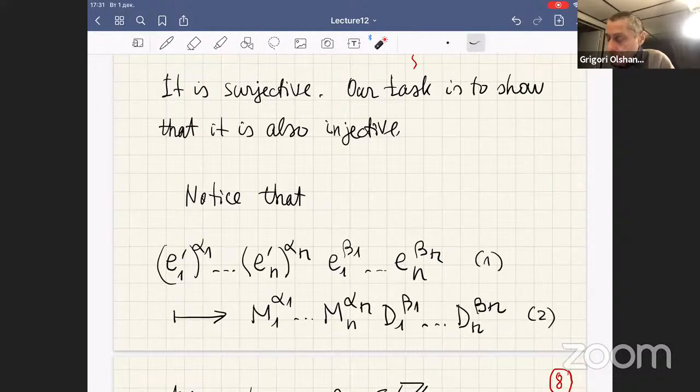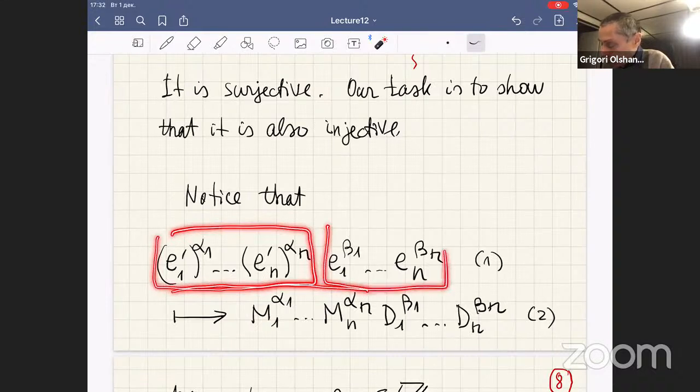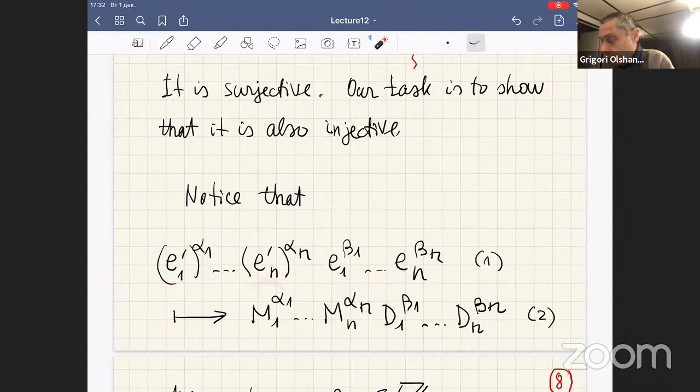And by induction, we can reorder any monomial in this normal form. These elements commute, but these elements in general do not commute, but we can reorder any monomial and reduce it to this form.